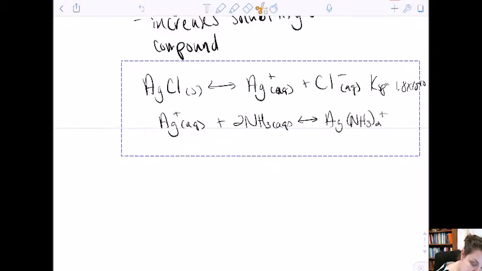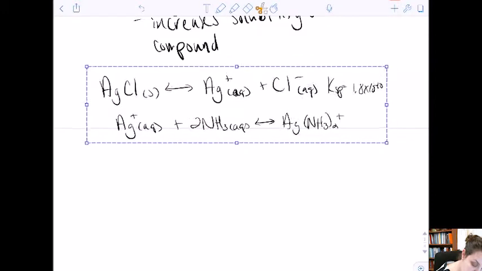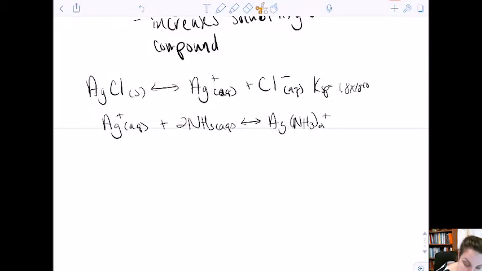And that has what we call a KF, an equilibrium constant of formation of 1.7 times 10 to the 7, a very large number.